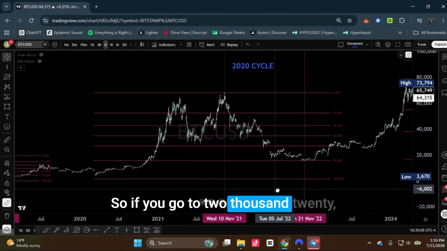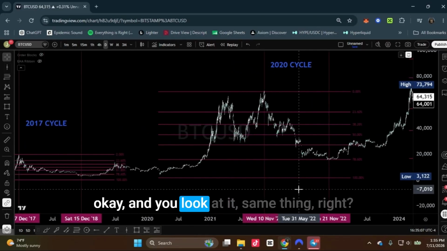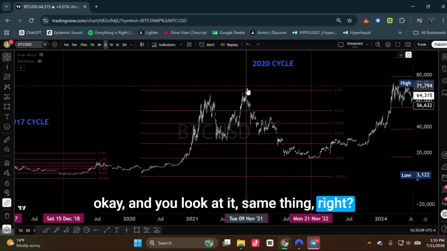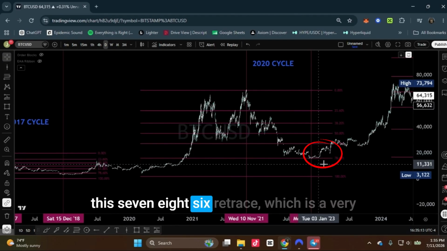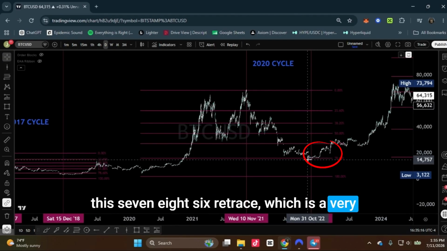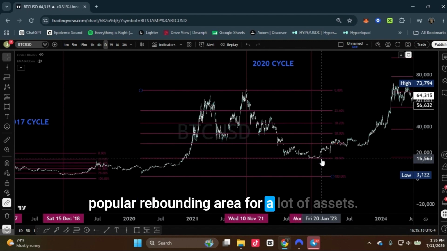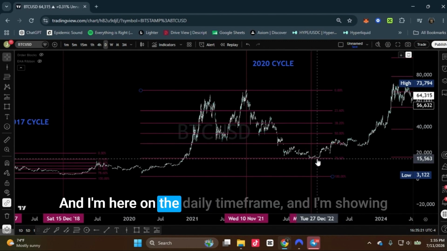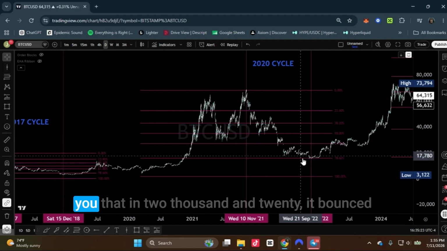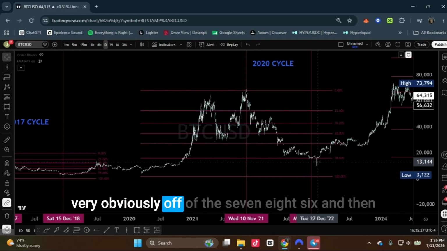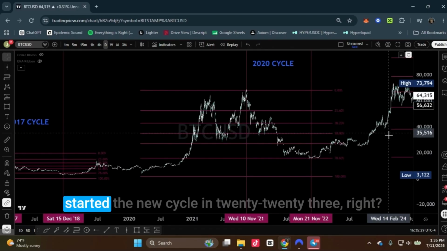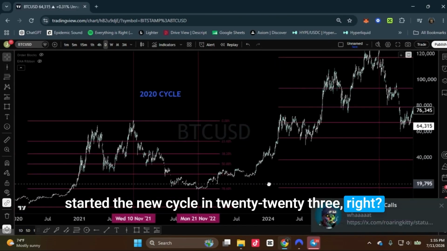So if you go to 2020 and look at it, same thing. 78% from the top, we hit this 786 retrace, which is a very popular rebounding area for a lot of assets. I'm here on the daily time frame, and in 2020, it bounced very obviously off of the 786 and then started the new cycle in 2023.